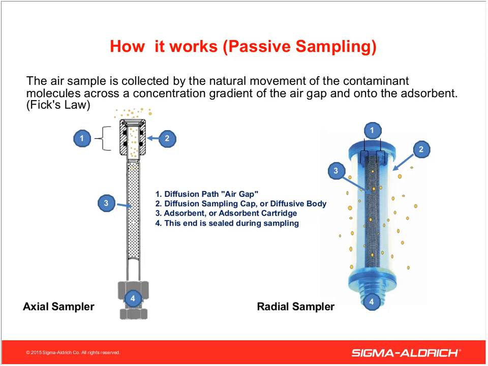So it samples at a much higher sampling rate because of the additional amount of surface area based on its design. The actual sampling rate is independent of each compound, and most manufacturers supply the sampling rate for the compounds that you wish to sample.